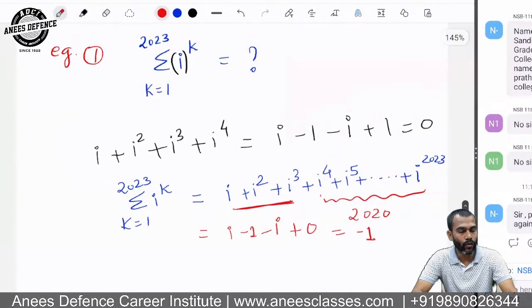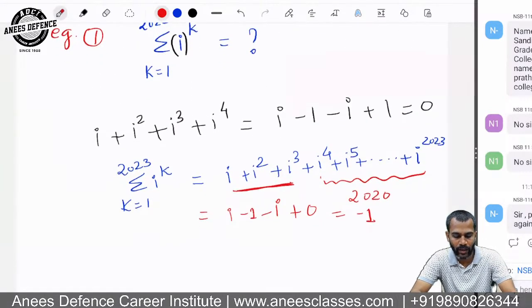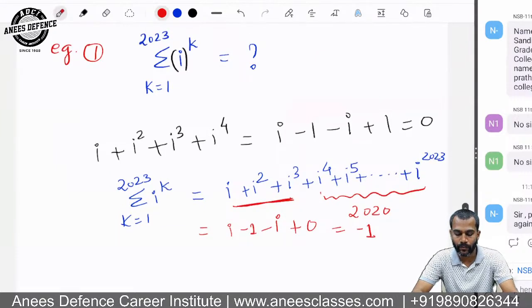Since we already know how many terms are there, 2023 terms are there. And we already know the sum of 4 consecutive powers of iota is 0. So what we have to do is make the number of terms a multiple of 4. If you subtract 3 from 2023, it becomes a multiple of 4.